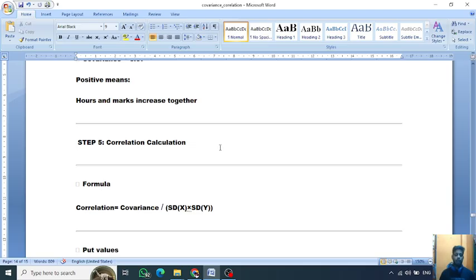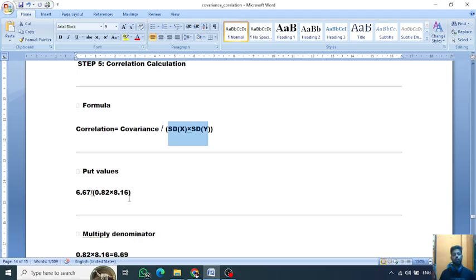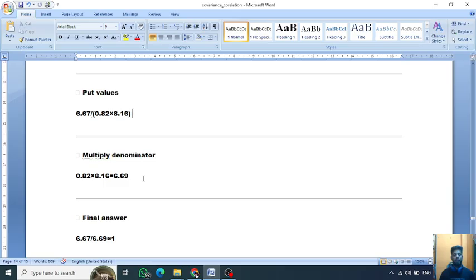Now we have to calculate the correlation. As per our equation, covariance divided by the standard deviation of x multiplied by the standard deviation of y. We have already calculated these, so we need to put in the values. Covariance 6.67, and multiplying the two standard deviations, we finally get 6.69.